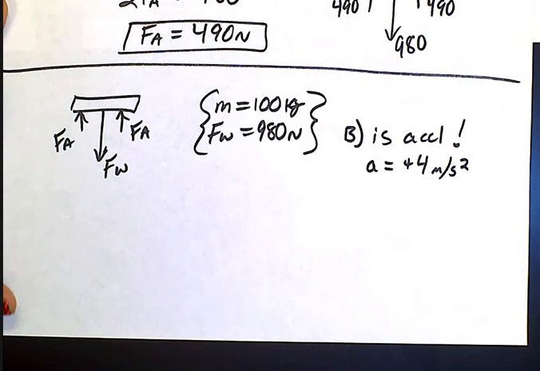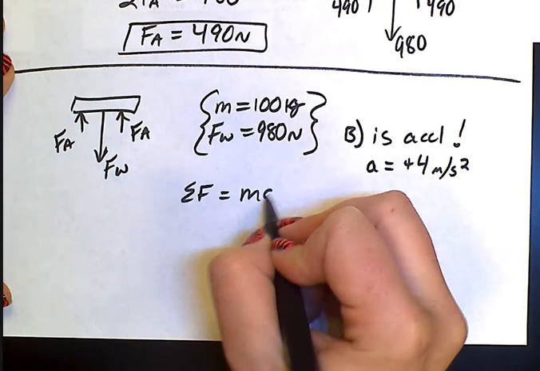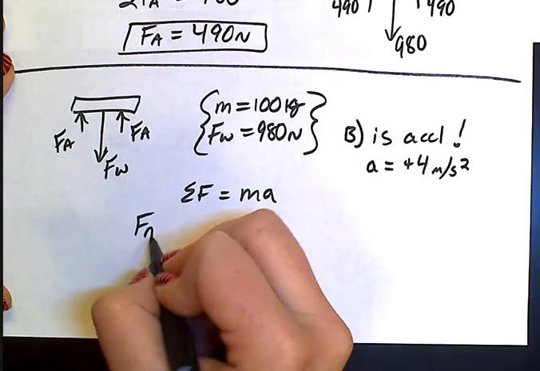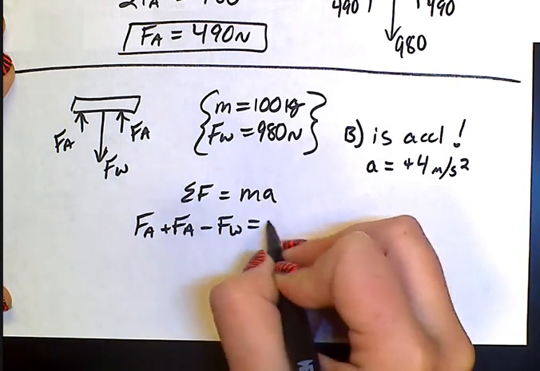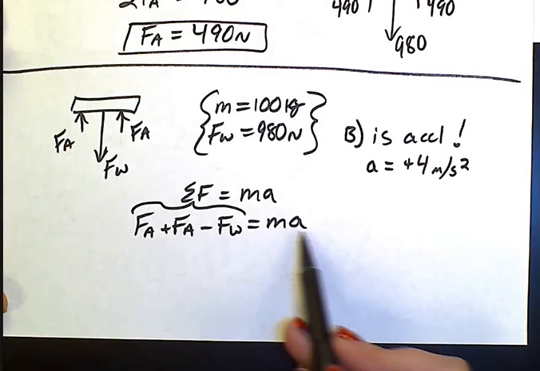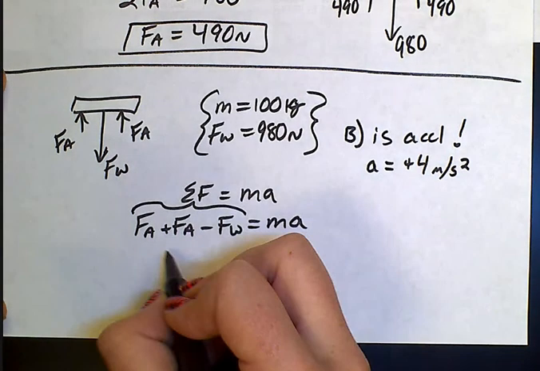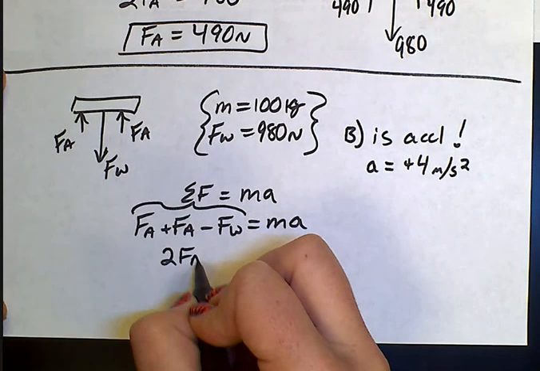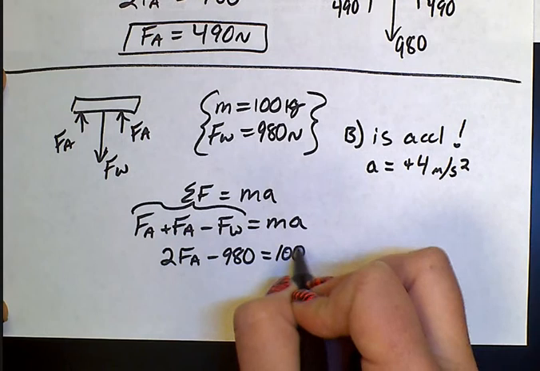So we're going to do all the same steps, but instead of them balancing out, they won't balance. Sum the forces equals m times a. I have FA plus FA, both up, minus the weight down, equals m times a. So this time, instead of having this half be 0, I'm actually going to have a number there. So I have 2FA minus 980 is equal to the mass times the acceleration.